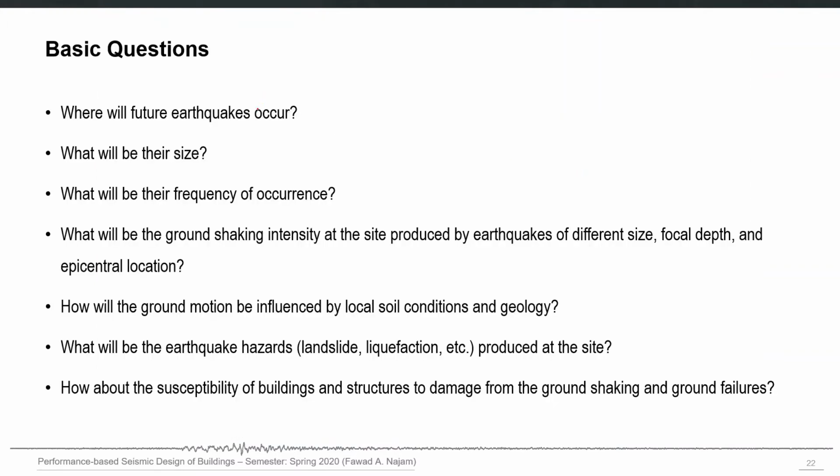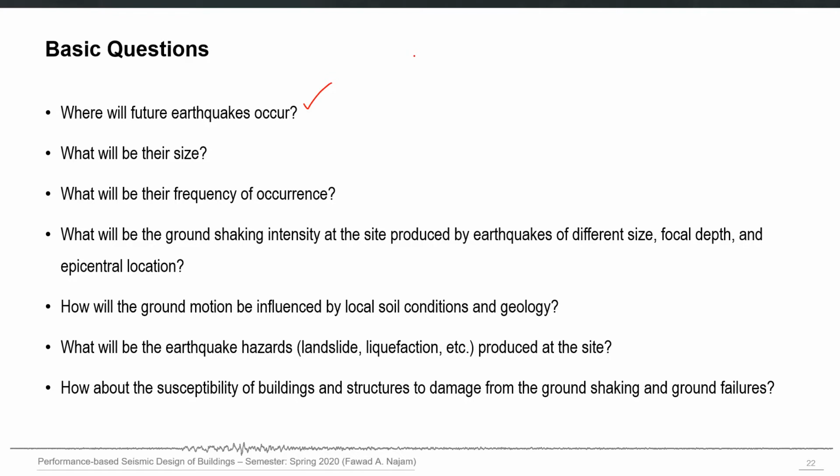So we have these big questions. The first question is: where will the future earthquake occur? We already know the locations of all past earthquakes from the last several years, and we know now that their locations follow a pattern which matches the plate boundaries and the locations of major active faults. So we can already guess now, because the theory of plate tectonics gives us an indication that we can use the past data of the historical earthquakes recorded.